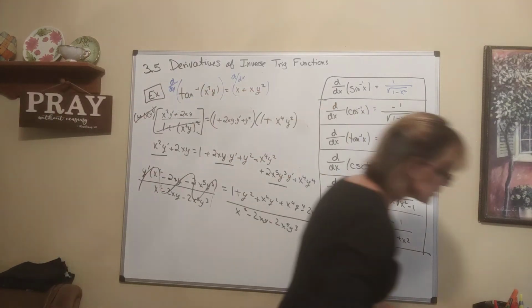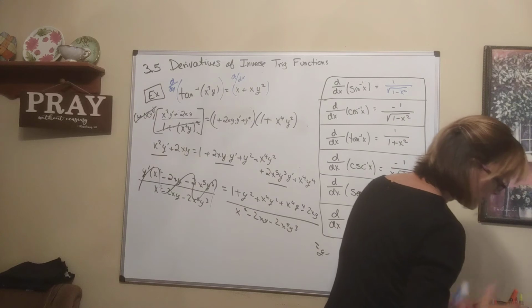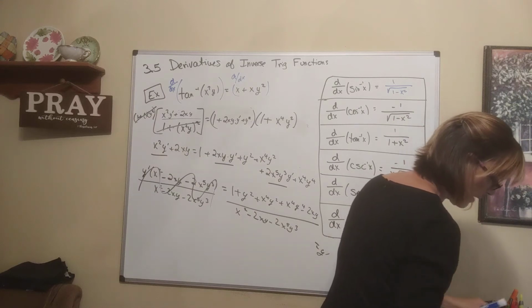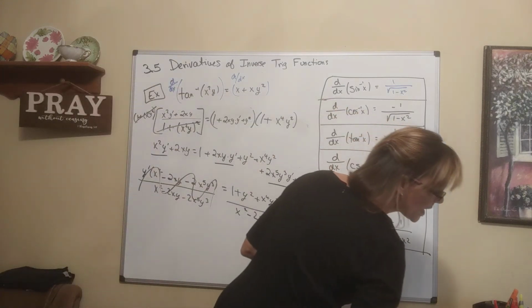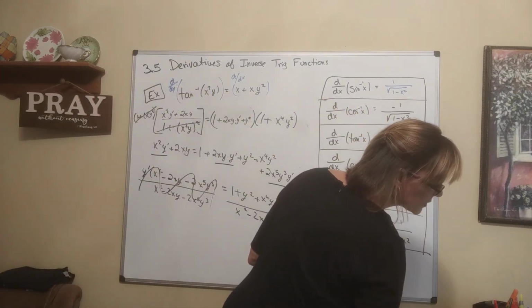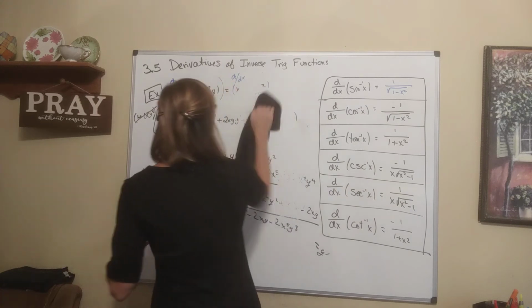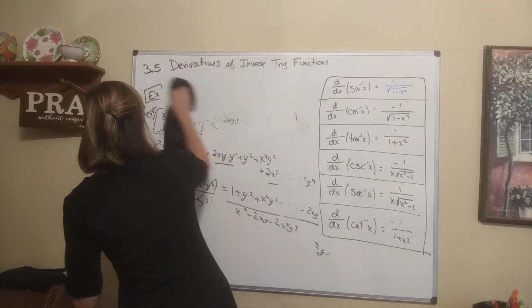Okay, let us do another example. It says find y double prime for this one. Okay, let's see. What is this one? It is the sine of y plus the cosine of x is 1.